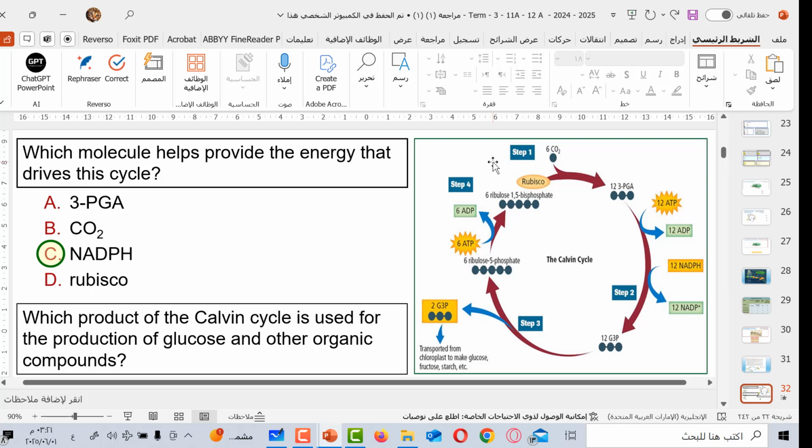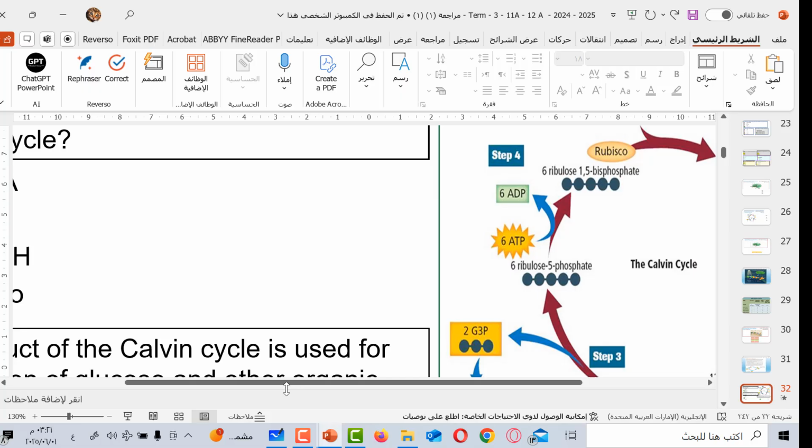see this Calvin cycle. In the Calvin cycle, if we begin like that, okay.